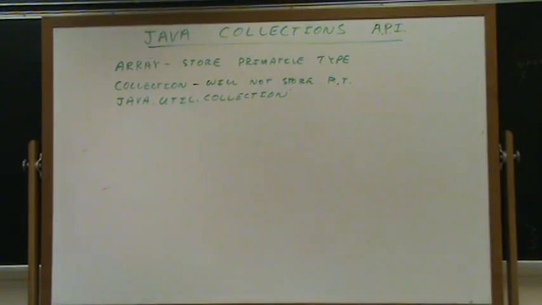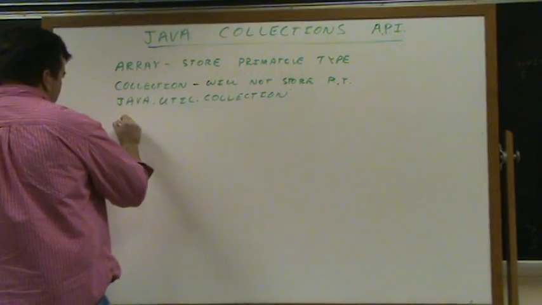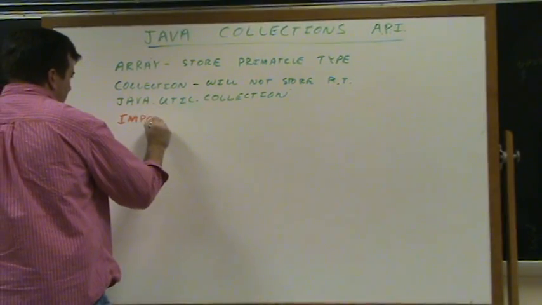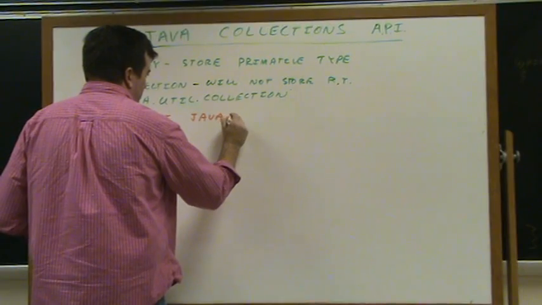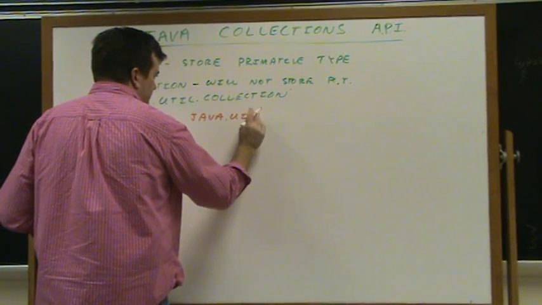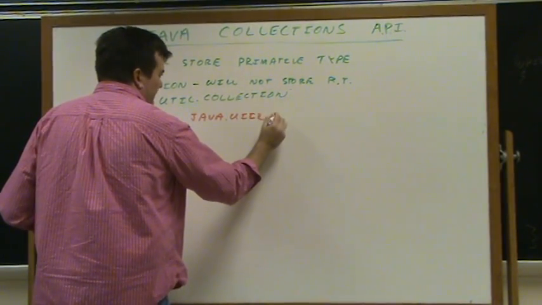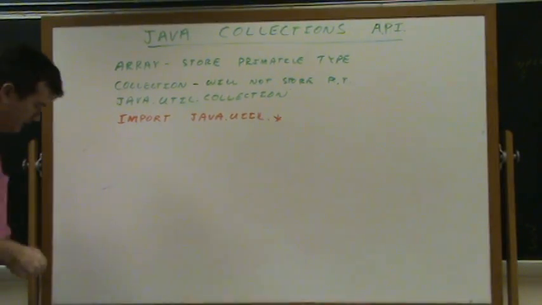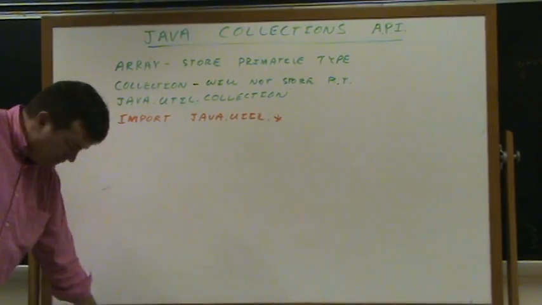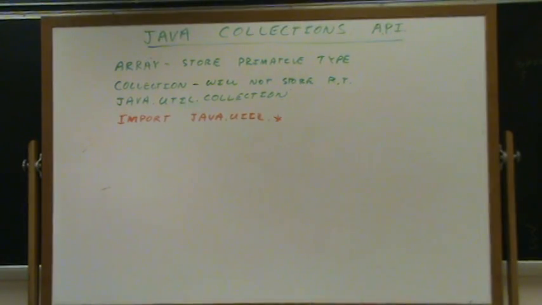You could say something like import java.util.*, which will get Collection plus everything else. When you put that at the top of your file, you can now use the collections. You're ready to start using the collections.